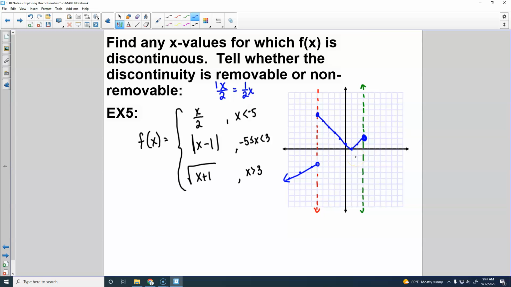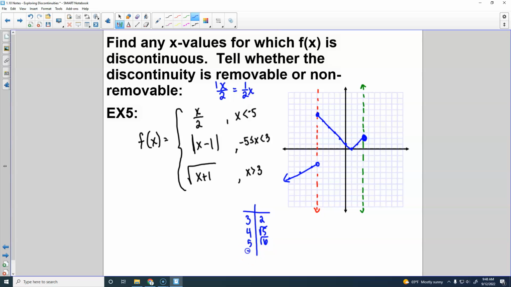And then if I plug in 4, if you think about doing a table here, if I plug in 3, I get the square root of 4, which is 2. But if I plug in 4, I'm going to get the square root of 5. We're doing this without a calculator. We don't know how to graph that. So 5 would be square root of 6.